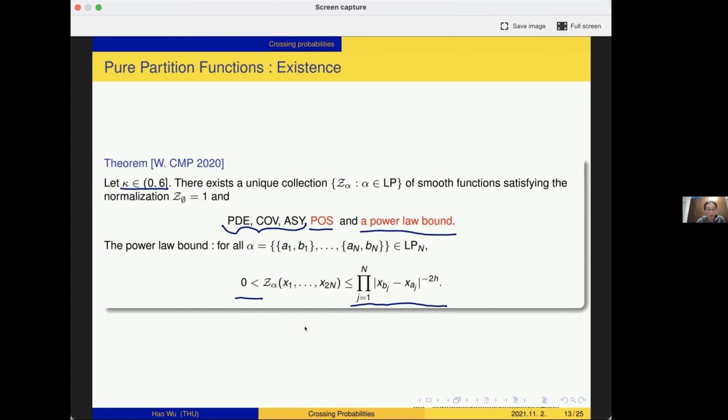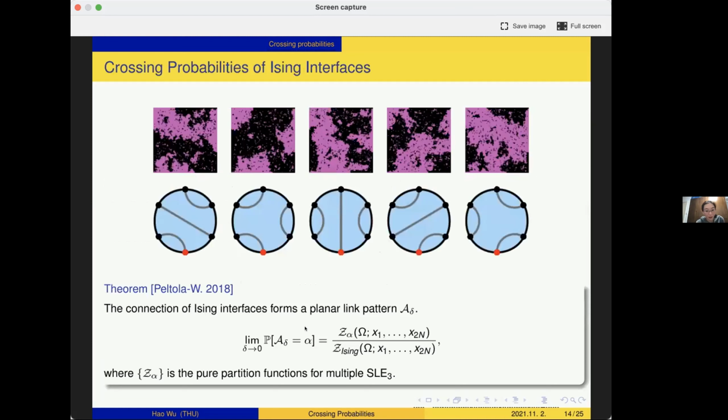Now let us go back to this Ising model. This is the previous page we have already seen. In this question for the Ising model, we consider the critical Ising model in a polygon with 2N marked boundary points.